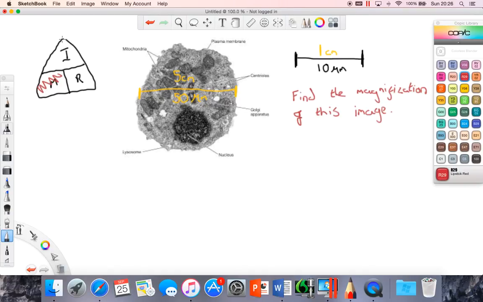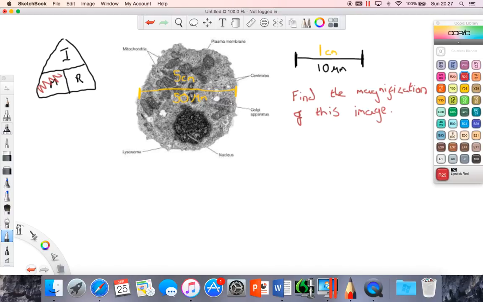So we want to do the image size divided by the real size. We've already concluded that the real size of this is 50 micrometers, because 1 centimeter is 10 micrometers, it's 5 centimeters in width, therefore 50 micrometers.